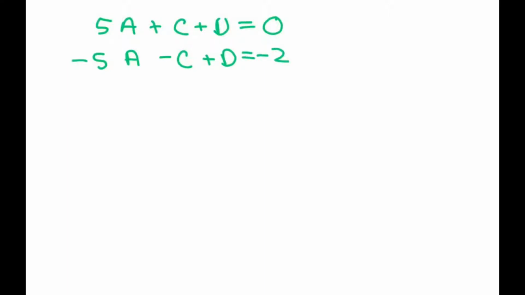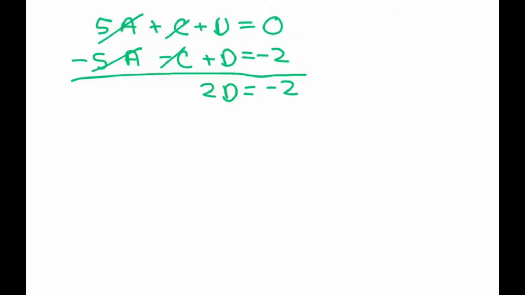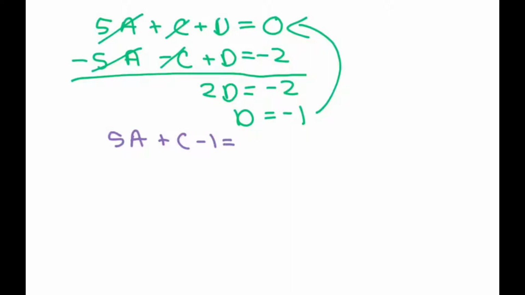The reason I chose this one is that when you combine these, you're eliminating both the A and the C. So when we add, we get 2D equals negative 2. Therefore, D equals negative 1. Now, if I plug negative 1 into this equation here, I get 5A plus C minus 1 equals 0. And I'm going to solve for C. So C equals 1 minus 5A.